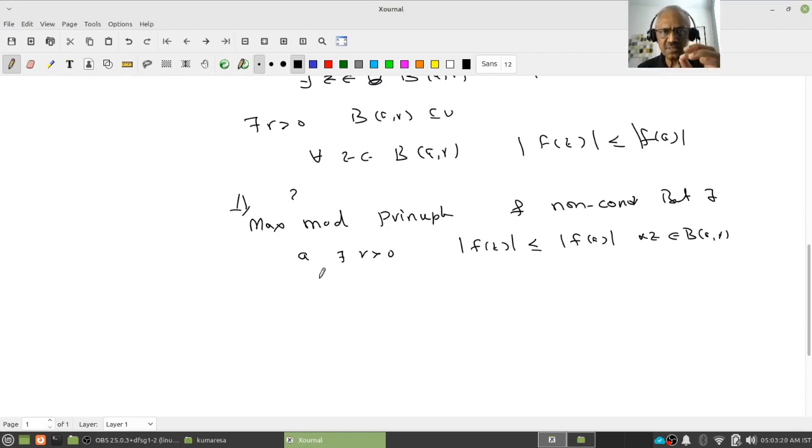These are just logic things. I keep repeating because many of you may not have attended my courses on foundations. That's why I have to repeat these things. You follow that?